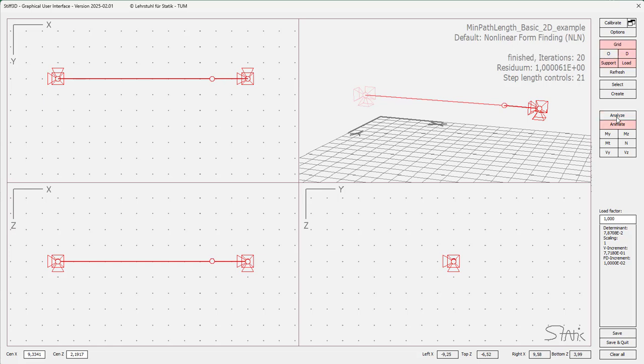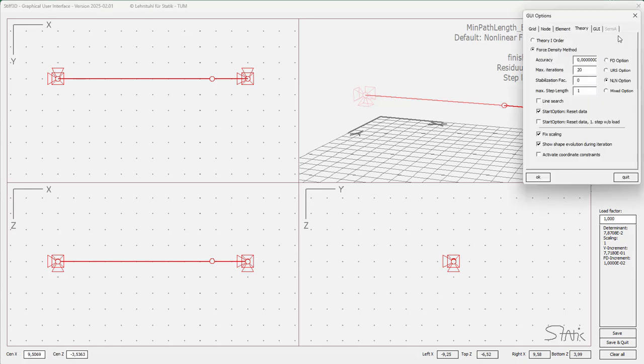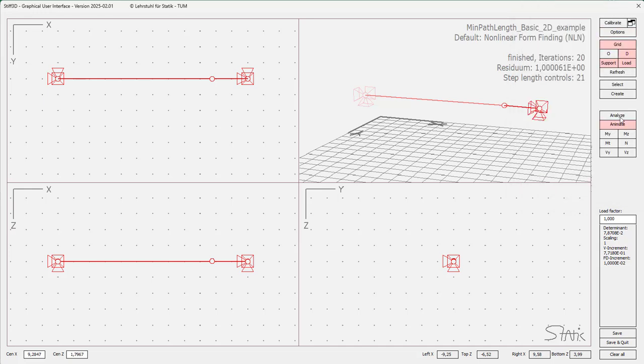And at least it converges to this horizontal geometry as intended. Let's go on with the analysis. And as you may see, there's no convergence to be observed, and you clearly see what I showed you here in the PowerPoint slides.